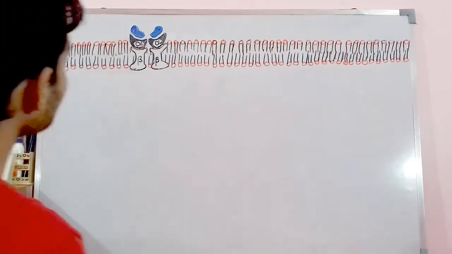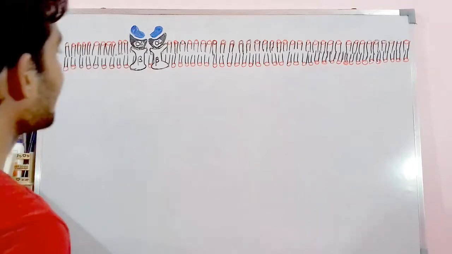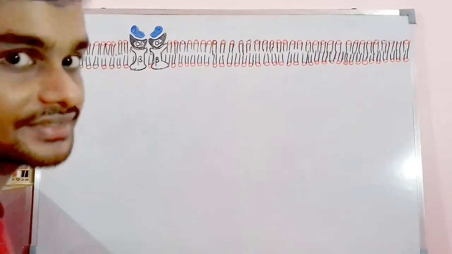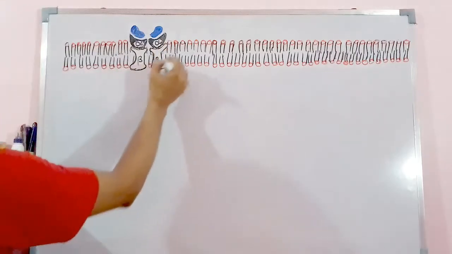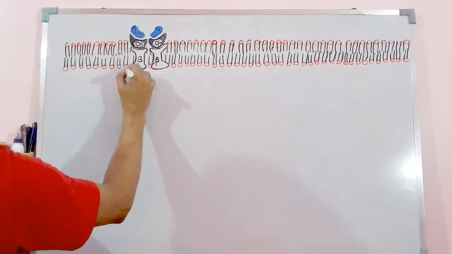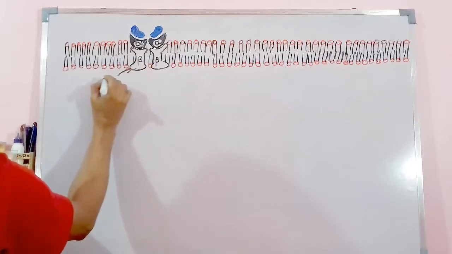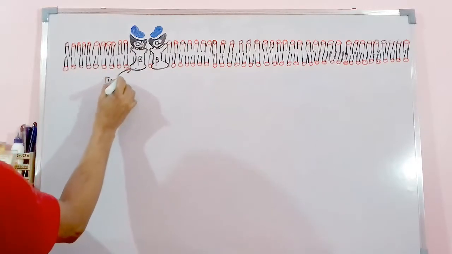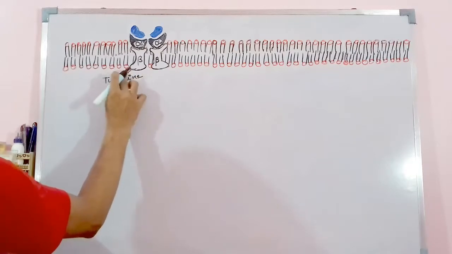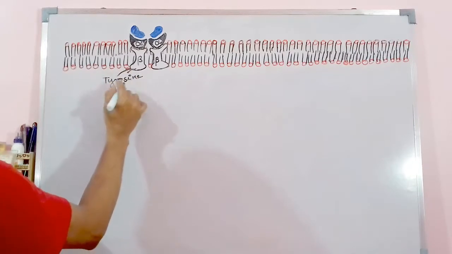This part is the alpha. These two subunits make up this entire molecule, the tyrosine kinase.